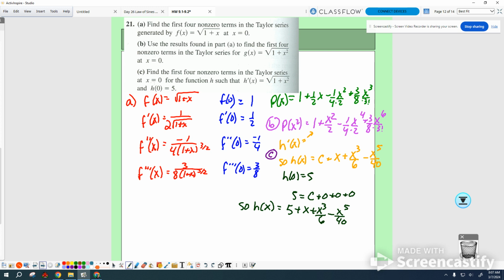Only a coordinate, so I can find the C value. But I gotta integrate these pieces. So raise the power, divide by the new power, and that's all I did. And then I got a C that I had to plug in, well, x is 0, now plug in a 0, C is 0. Okay.